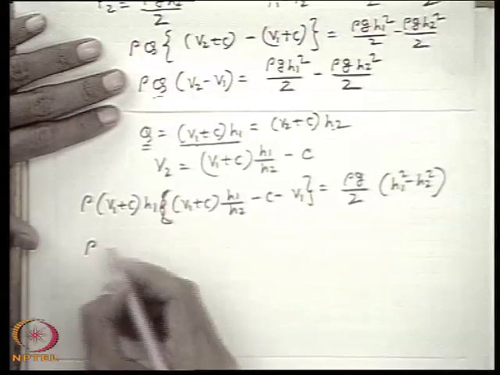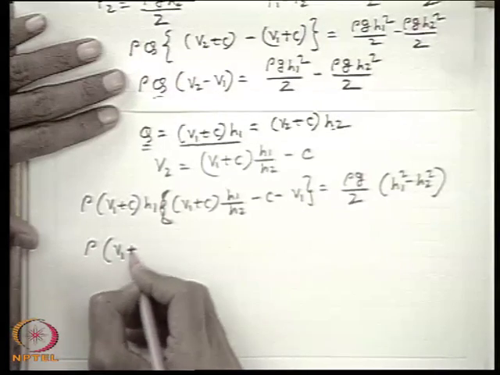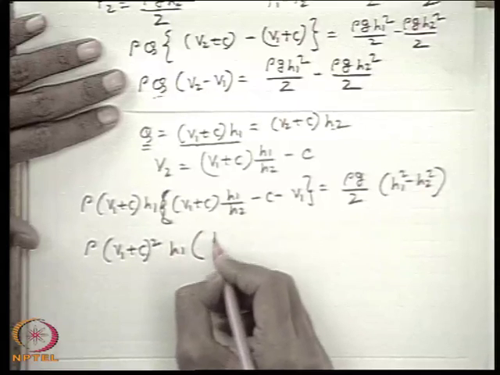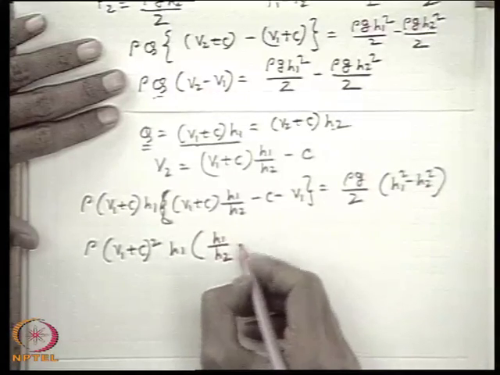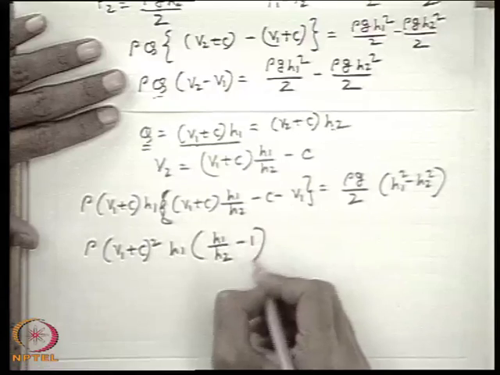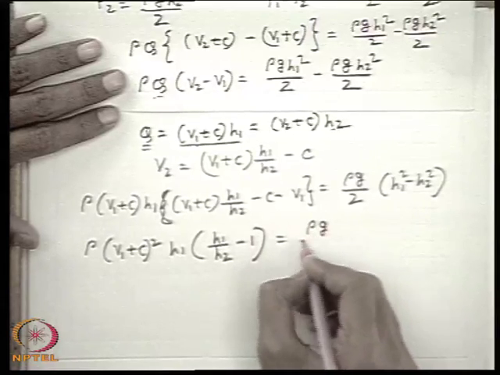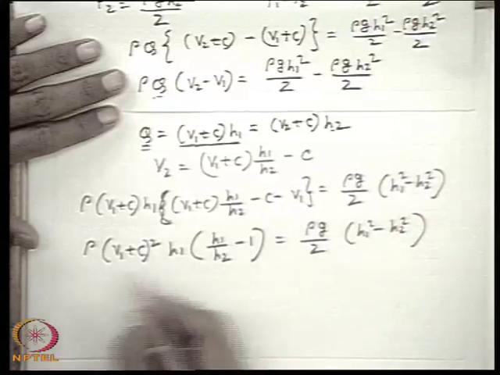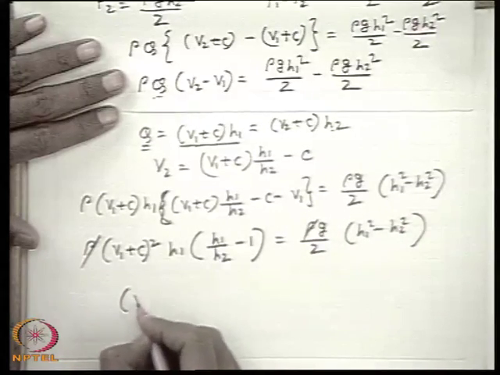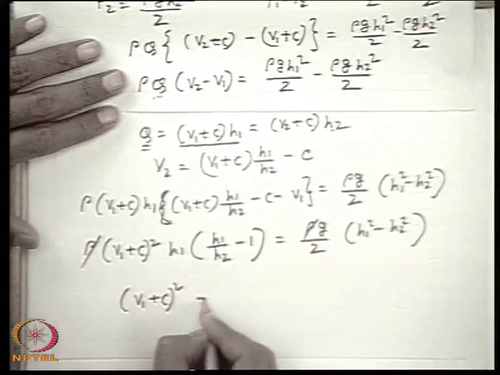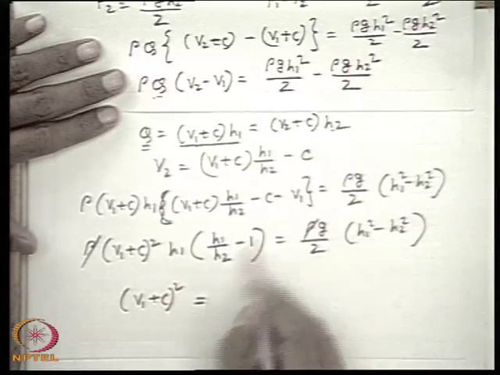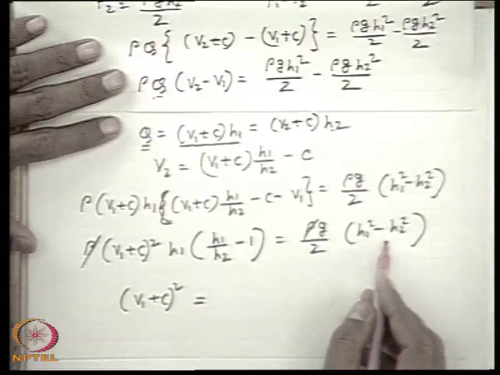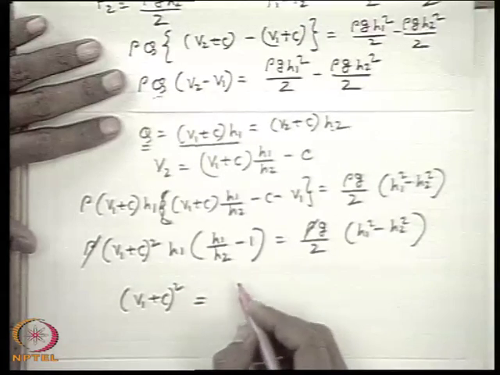So we can write rho (V1 plus C) whole square. If we take (V1 plus C) common, then (h1 by h2 minus 1) is equal to rho g by 2 (h1 square minus h2 square), from which we get (V1 plus C) whole square. If we take this (h1 minus h2), what we get is (h1 plus h2) into h2 by h1.